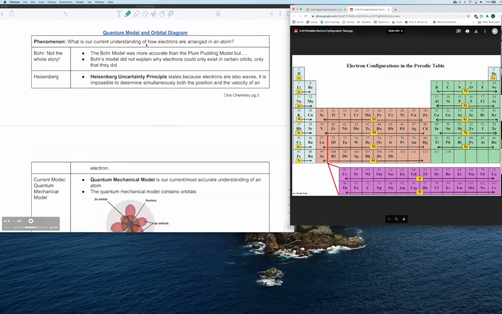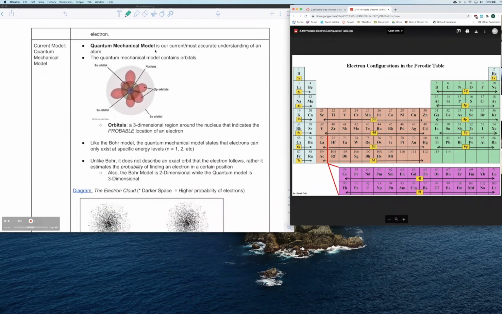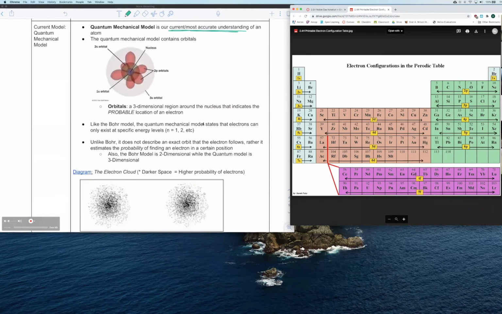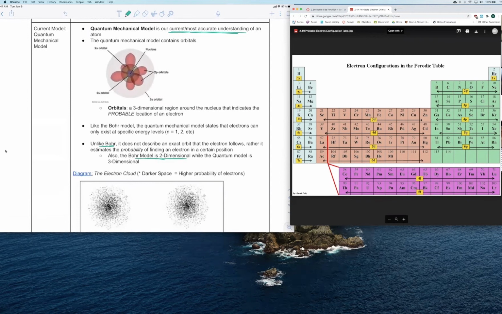Okay, so what is the quantum model or the quantum mechanical model? The quantum mechanical model is our current and most accurate understanding of how an atom is structured, specifically based on its electrons. And the reason why it's the most accurate is because unlike the Bohr model, which, remember, was a two-dimensional model.